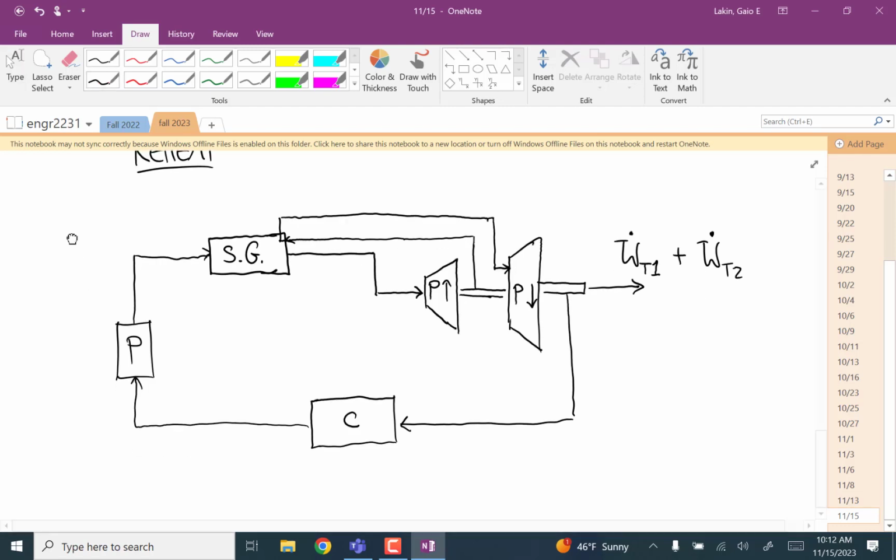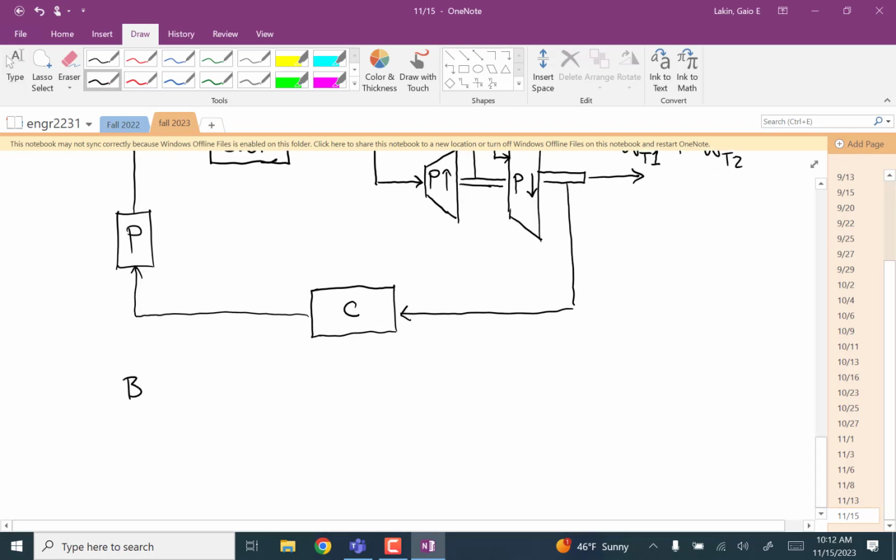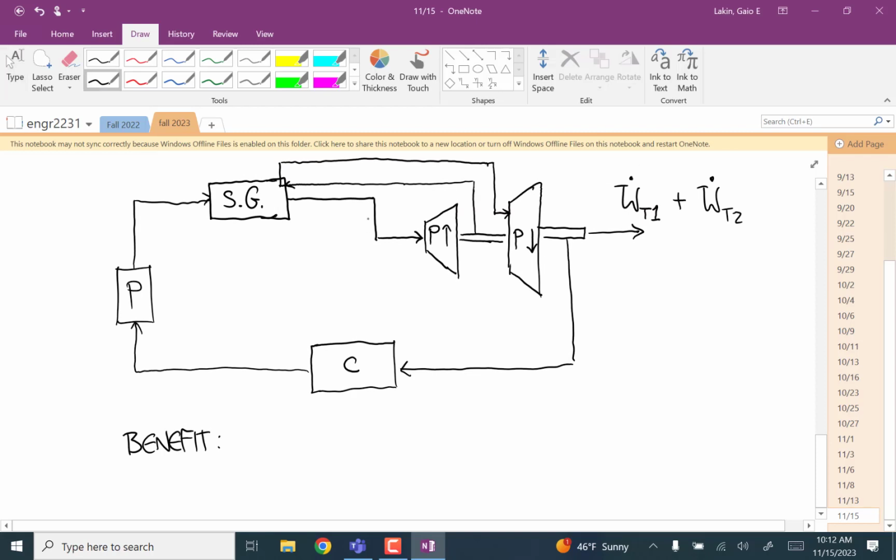Okay, so why do you do this? The benefit of this: we know that we get more efficiency out of this cycle if we have a higher pressure coming out of the steam generator. But the problem with higher pressure is higher pressure means a higher boiling temperature. And a higher boiling temperature means it's easy to get more liquid in the turbine.